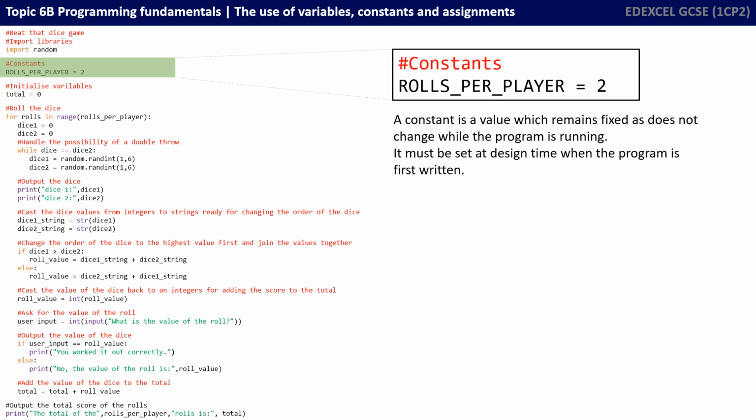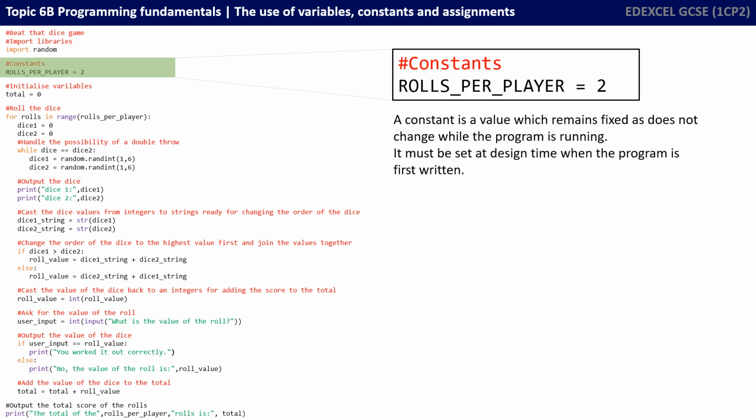Here we see an example of a constant, rolls per player equals 2, and it looks exactly the same as our variable in Python. Now, a constant is a value which remains fixed and does not change while the program is running. So we must set it at design time when the program is first written. The reason it looks identical here is that Python doesn't actually support constants.